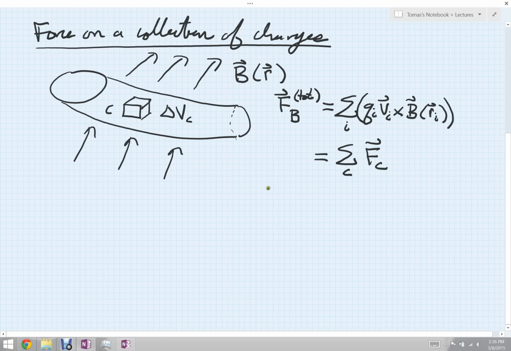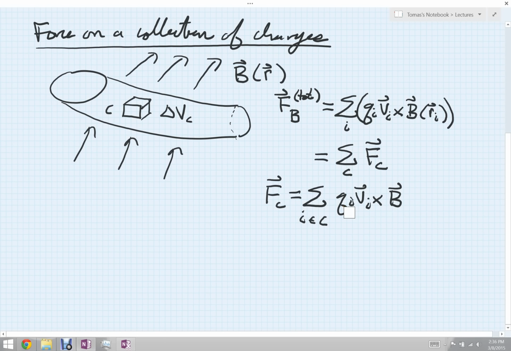The force on a chunk is where I simply add up all of the contributions to my final total sum that are associated with charges that belong to my chunk. So there's a sum over charges I that are contained in my chunk, of Q sub I V sub I, cross with the magnetic field measured at the location of these particles.